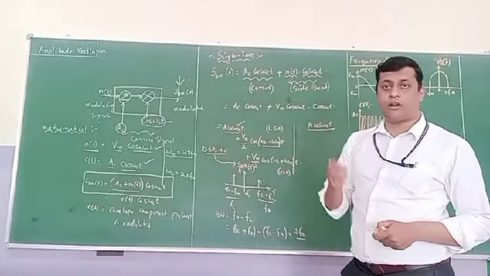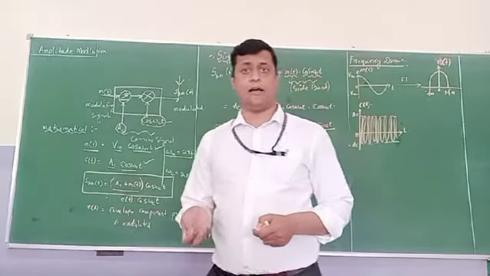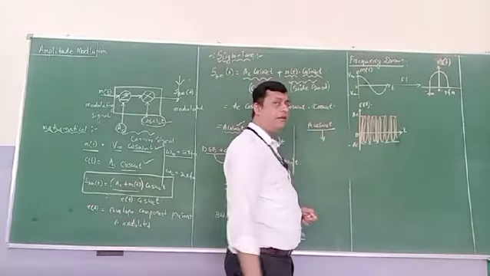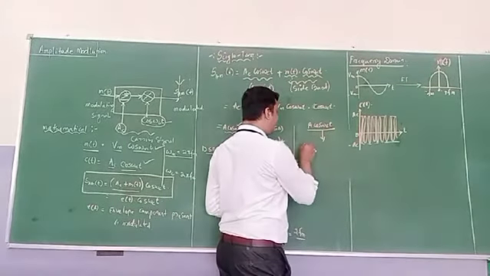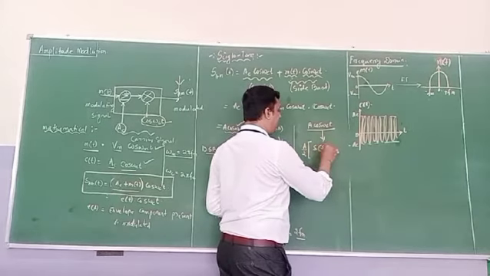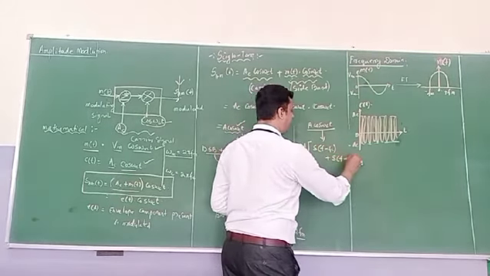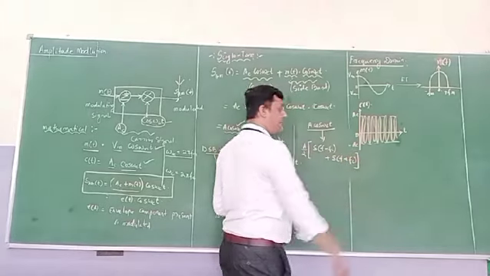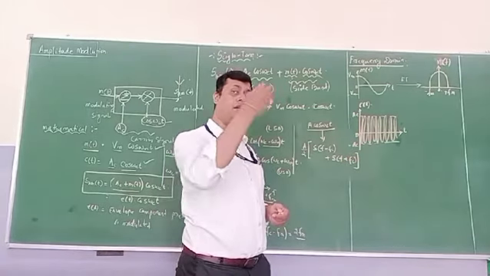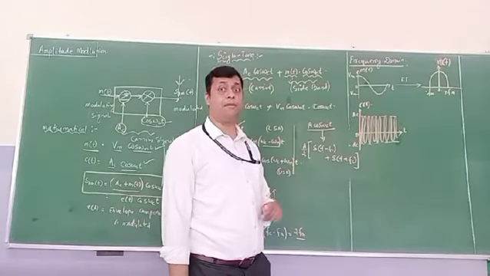But when you transform this into the frequency domain, what will happen? If you take the Fourier transform, we get a relation like A by 2 times delta of f minus fc plus delta of f plus fc. Delta is called the impulse, which is shifted to f minus fc and f plus fc.